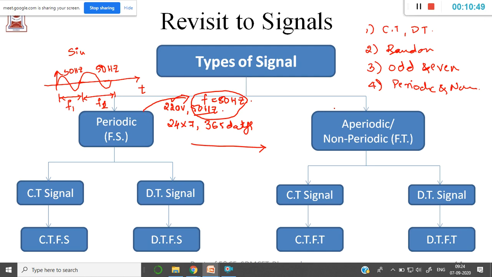What about an aperiodic signal? Which is the example for an aperiodic signal? An aperiodic signal means a signal where you don't have a constant frequency as the time changes. The frequency of the signal varies as the time varies.